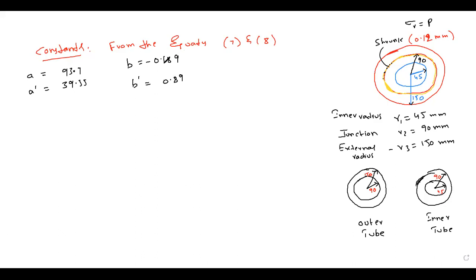Clear? So these are the constant values which you will get from the equations. Now substitute these values in your Lame's equations.